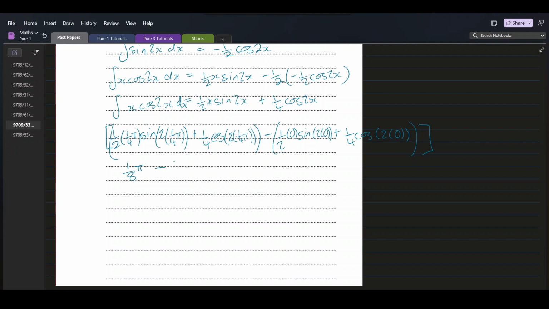Now let's evaluate our lower limit. The first term will give us a 0 since we're multiplying by 0 here. And then we've got 1 over 4 cos 0, which will give us a quarter. So this means that our final answer is 1 over 8 pi minus 1 over 4. This represents the area of the shaded region.